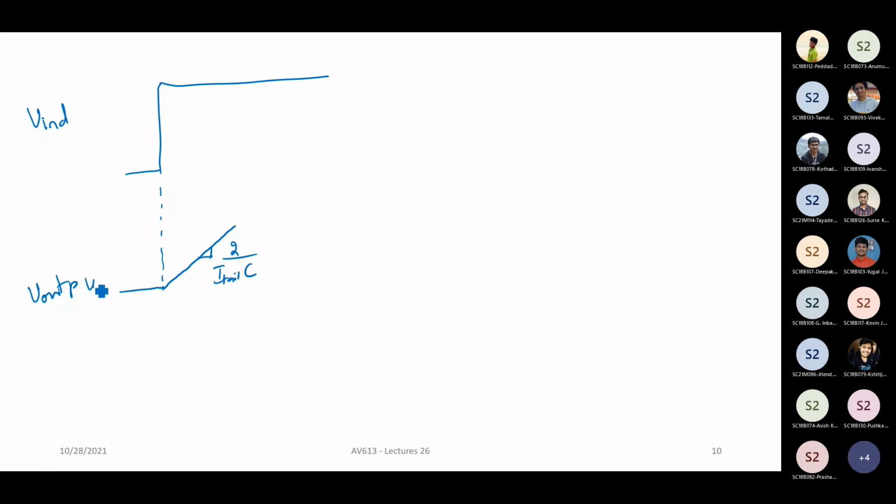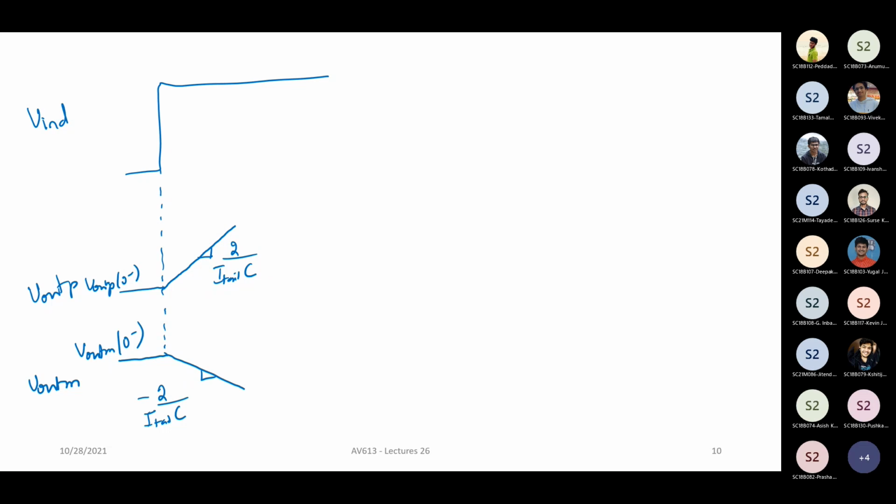Let's say this is Vout P of 0 minus. Now what happens to your Vout M? It starts with Vout M of 0 minus, whatever was the value before this, and from that point it is going to ramp down. This slope is minus I tail by 2C.